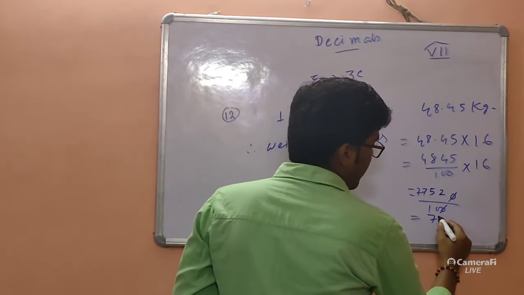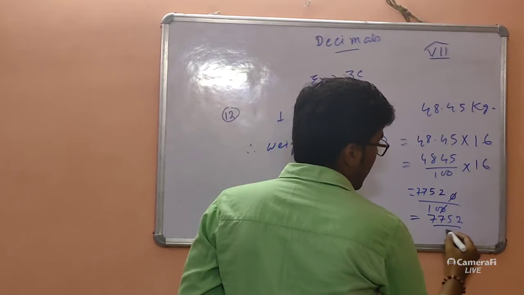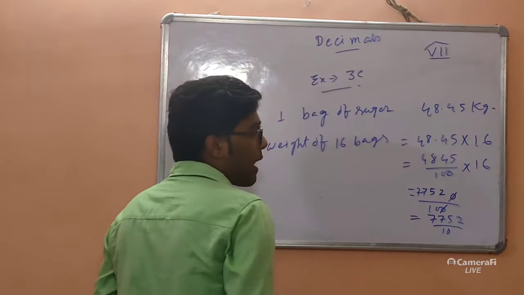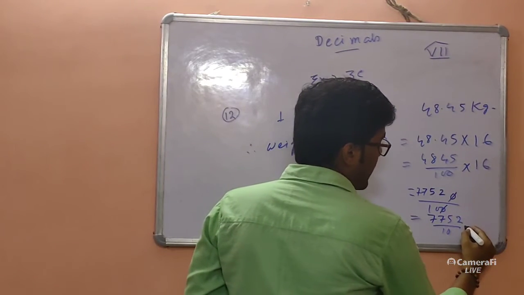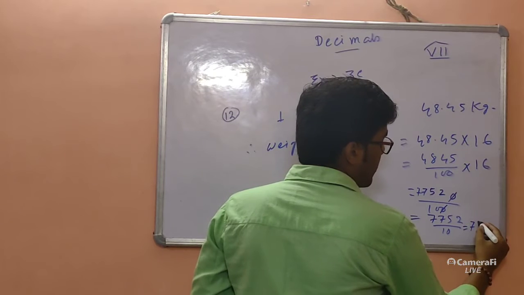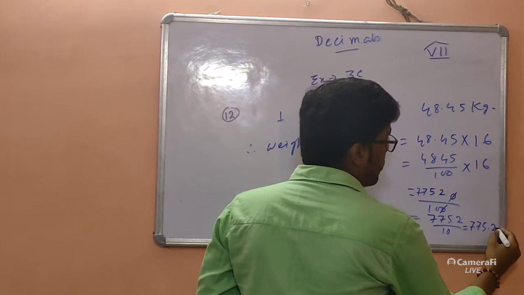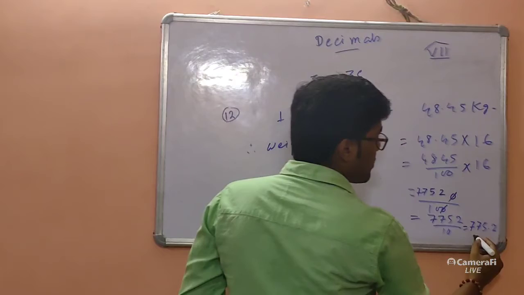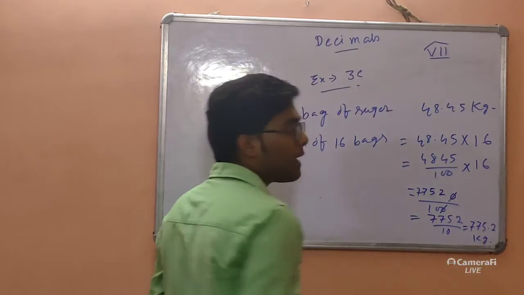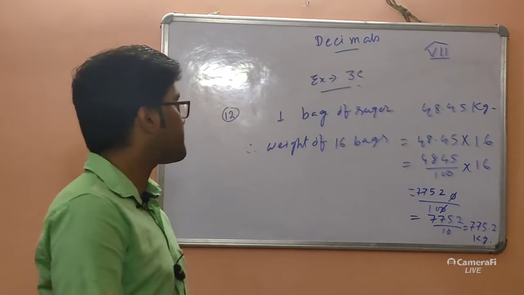So what we have? 7752 divided by 10. Now since there is one 0, from the right, after one place there will be a decimal. So 775.2. This much what? Kg. Clear? So that's your answer.